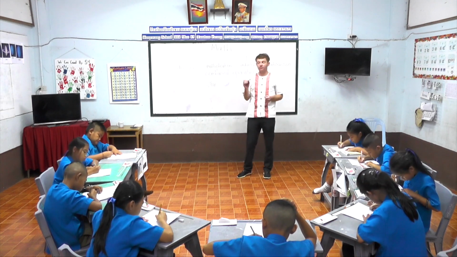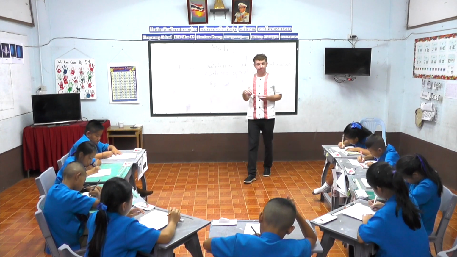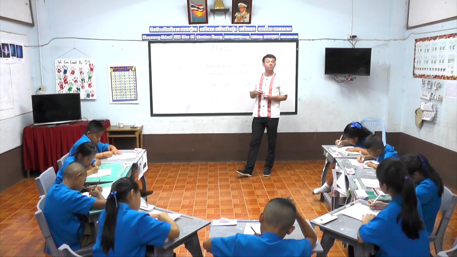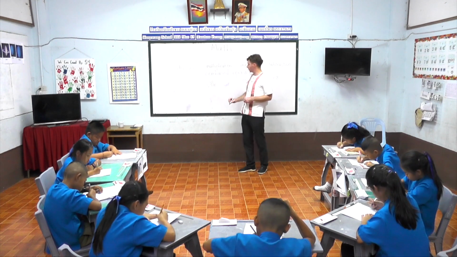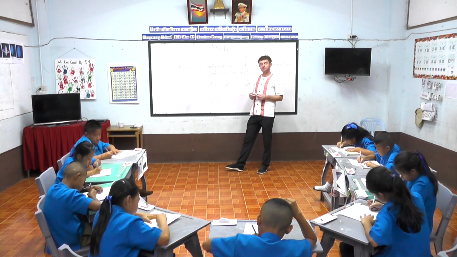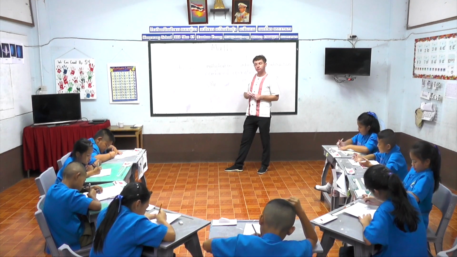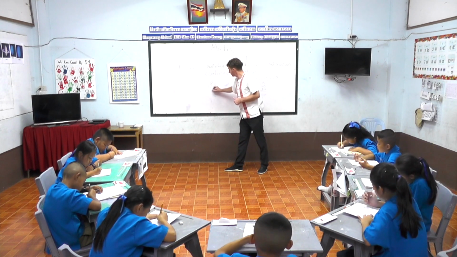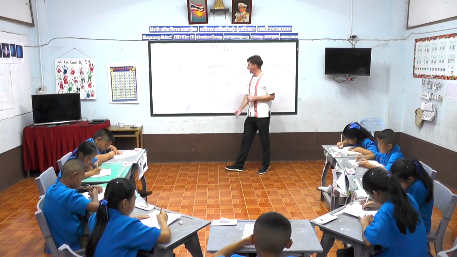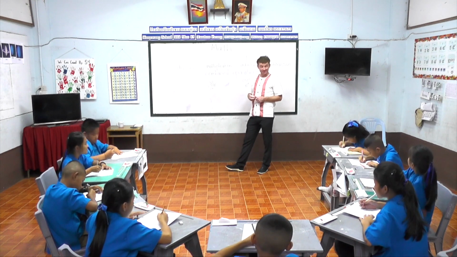How many times does 12 go into 31? 2. Correct. Well done, guys. So we can write 2, and then 2 times 12 is 24. So then we have to ask 31 minus 24. 7.